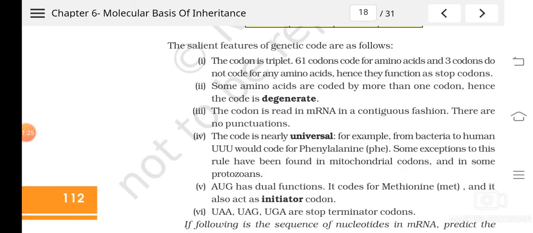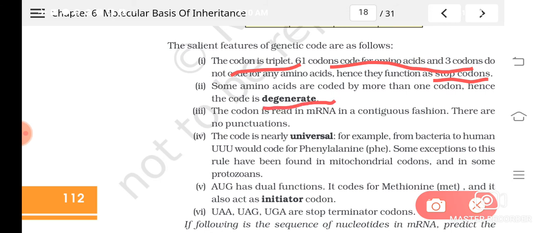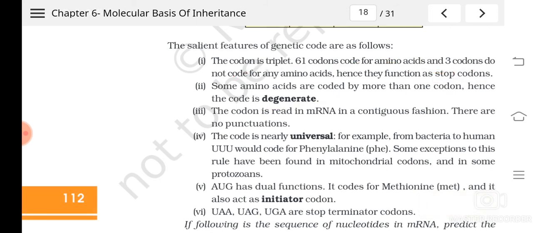The genetic code is triplet, meaning a codon has 3 letters. 61 codons code for amino acids, and 3 codons do not code for any amino acid, and they are known as stop codons. Some amino acids can be coded by more than one codon. The genetic code is said to be degenerate.